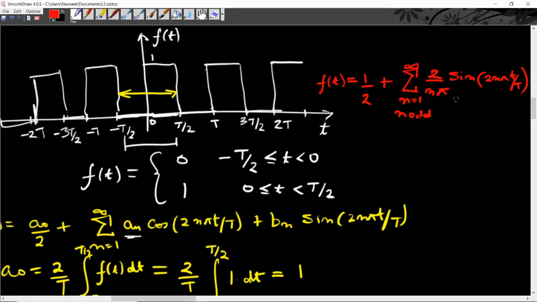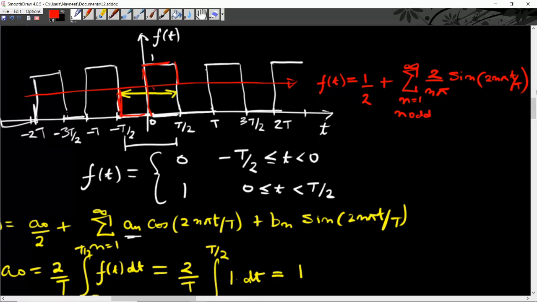One thing that we can see is that this series does not have any cosine terms. The point is that if I take this signal or the function and subtract this constant term half from this function, I will get a function like this, and the resulting function after subtracting half from f of t will be an odd function.